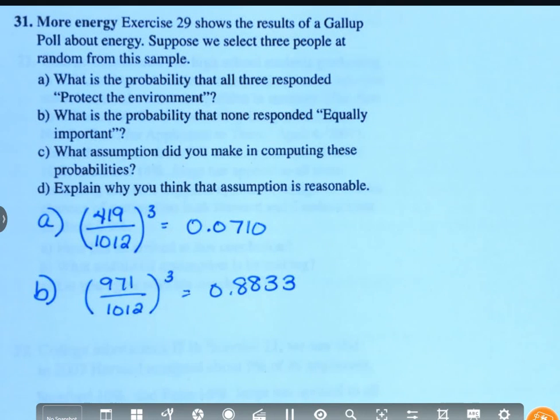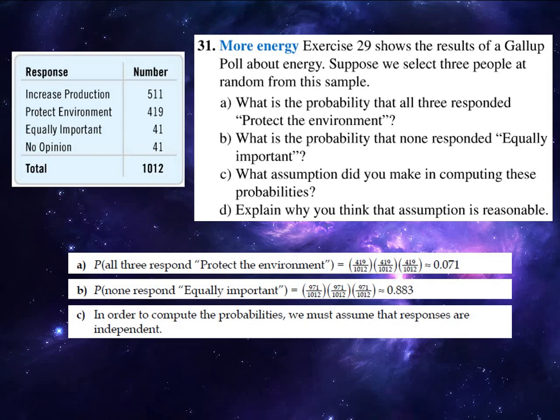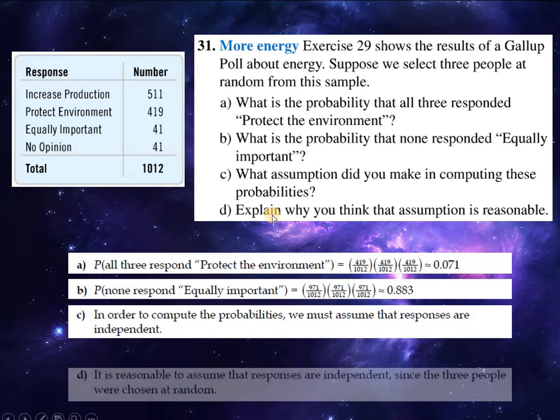Who are the other ones? Pew Research, there we go. Consumer Reports. Those guys typically do things with a really good level of professionalism and care. So they're assuming, in order to do this, that the responses are, in fact, independent. And because this is a Gallup poll, that is something that is safe to assume.